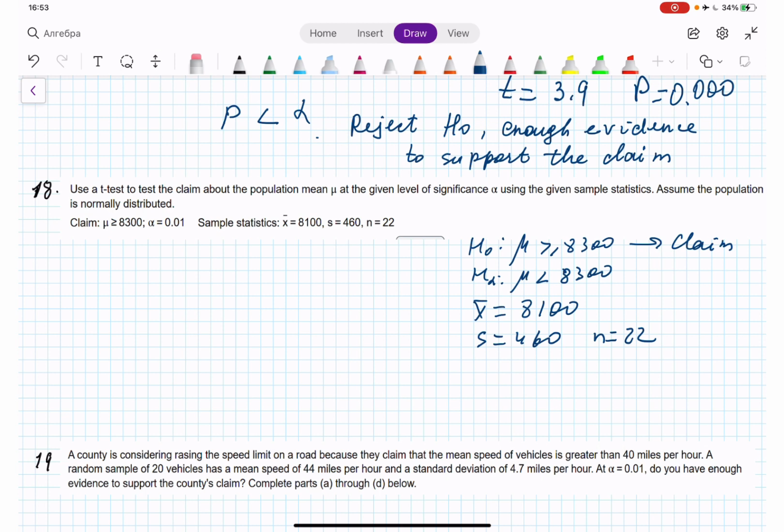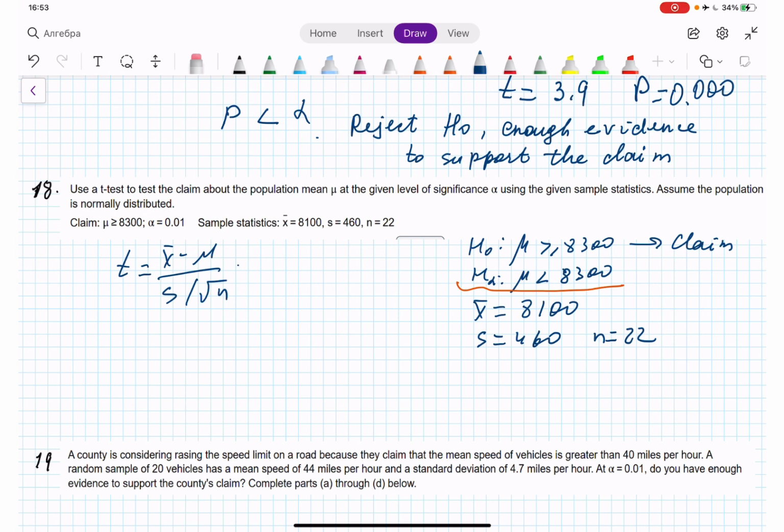Okay, so we already have the hypothesis test set up, so you have it here already. Next we need to find the standardized statistic, which is again the same thing: X bar minus mu over S divided by the square root of n, right?